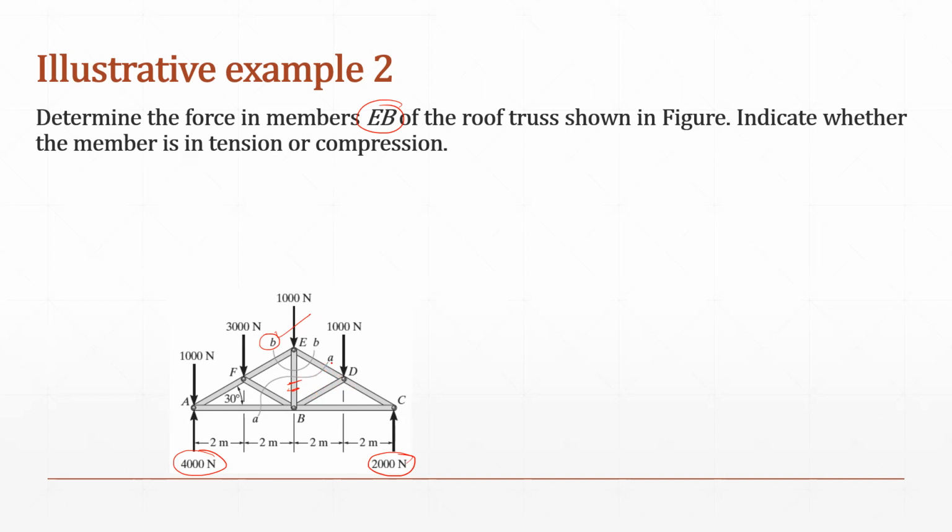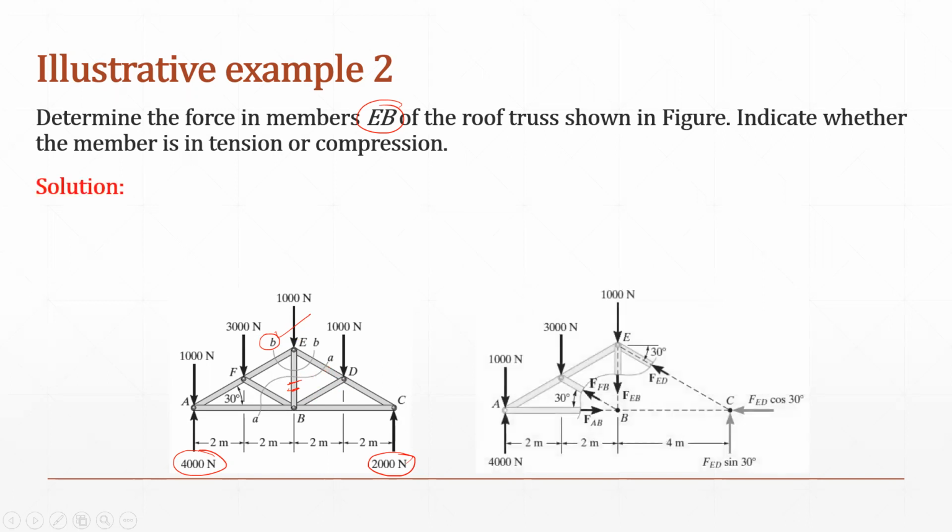Why? Because if we cut the truss at section AA, then you can see, and also at the same time we assume that force in member EB is tension, force in member FB is compression, force in member AB is tension, and force in member ED is compression.